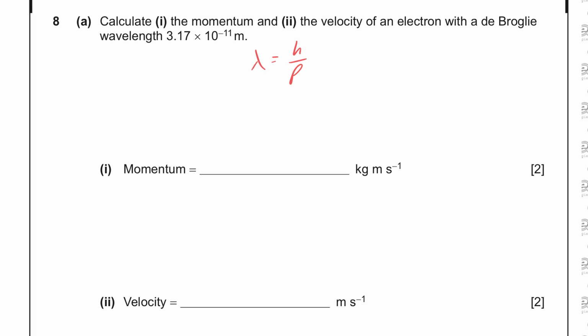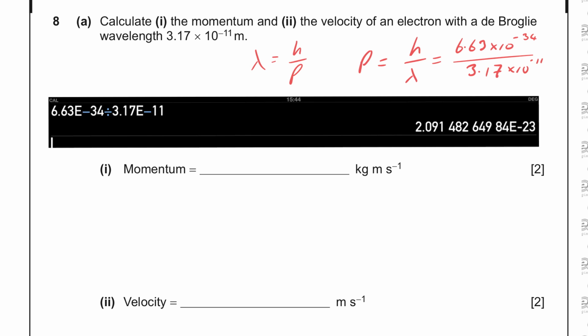You get your Planck's constant from your formula sheet. So just filling that in then, that comes out to be 2.09 times 10 to the minus 23 kilogram meters per second. And then the momentum is the product of the mass and velocity.